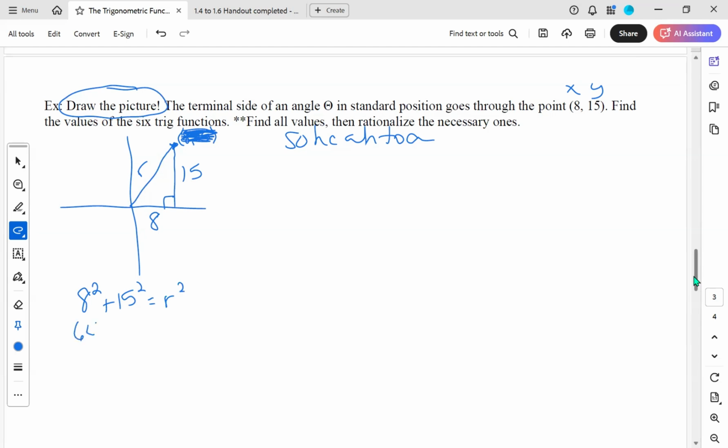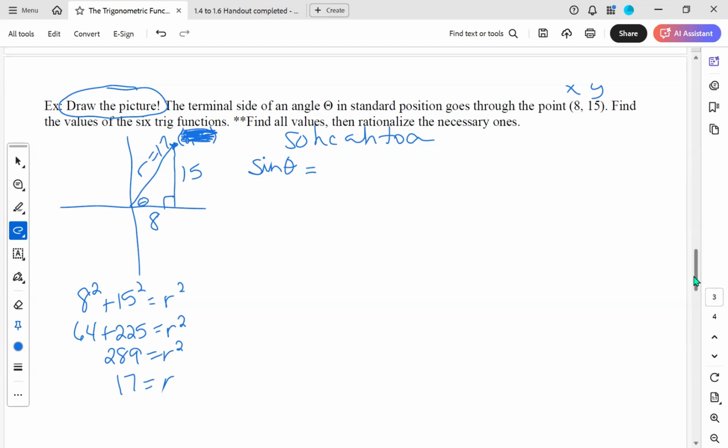So this is going to give me 64 plus 225 is equal to R squared. So that's going to be 289 equals R squared, which means R is equal to 17. Technically, it's plus or minus 17, but we only use the positive because we're talking about the length of a radius.